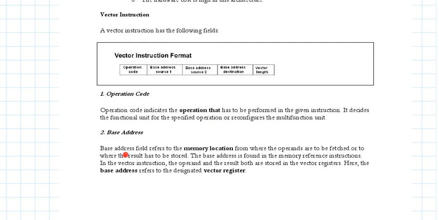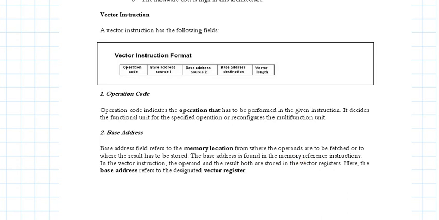Base address actually refers to the memory location from where the operands are to be fetched and to where the results have to be stored. The base address is found in the memory reference instruction.